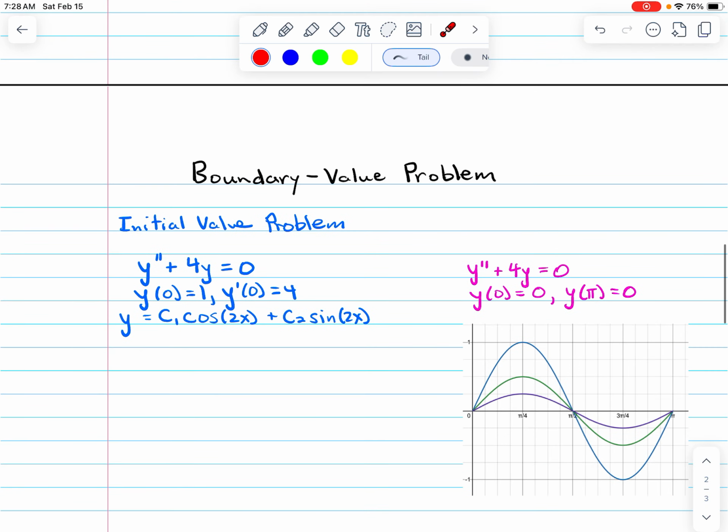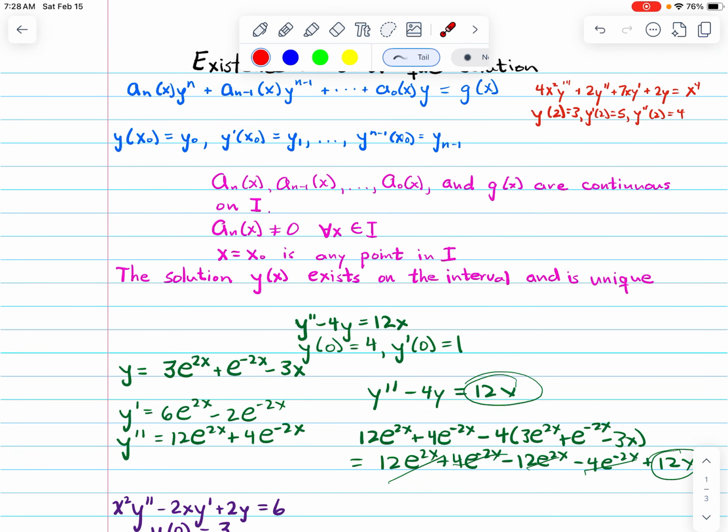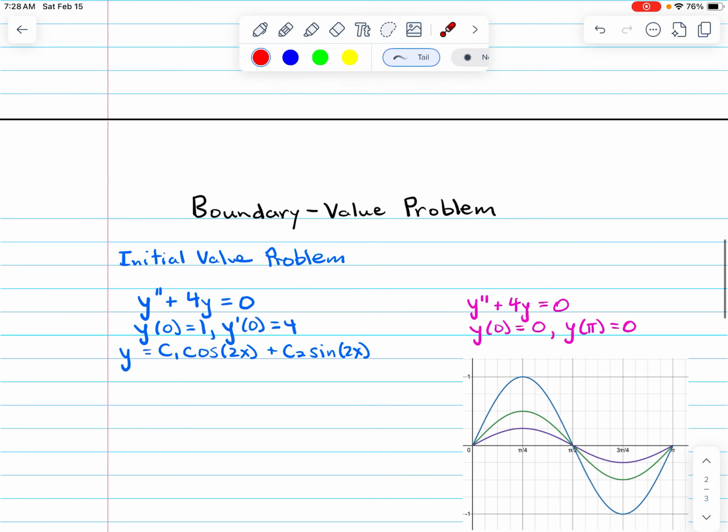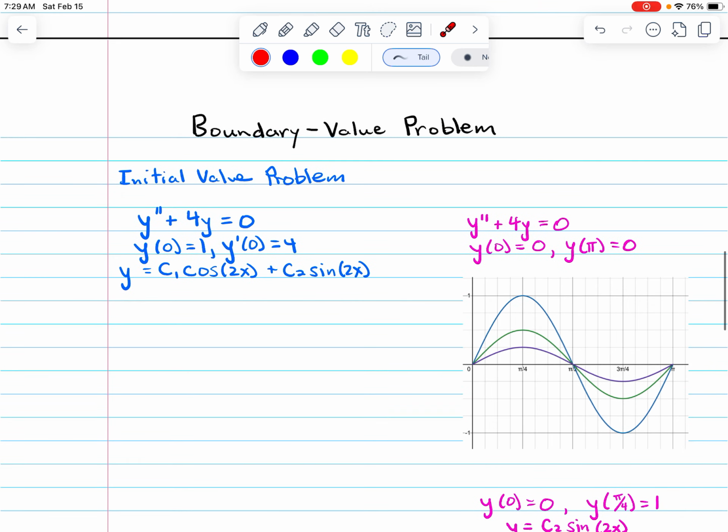Now, I want to go down here and make a distinction, because up here we're talking about initial value problems. And sometimes there's some confusion about the difference between an initial value problem and a boundary value problem. So this right here is an initial value problem, where I'm putting in a 0 and getting out 1.